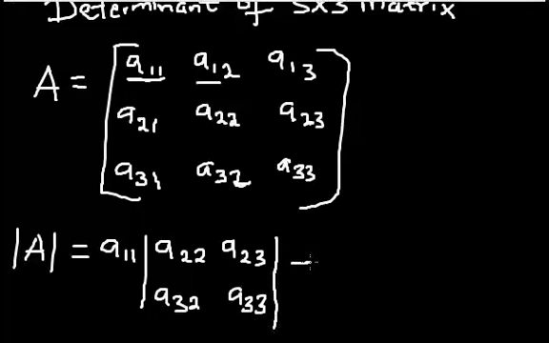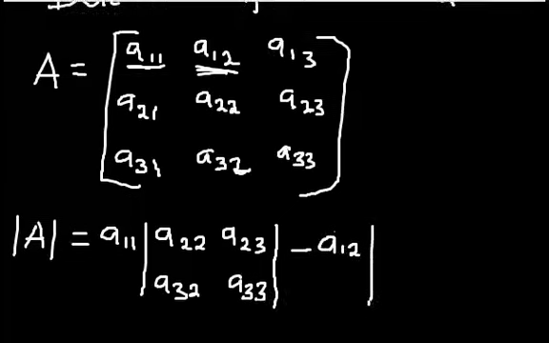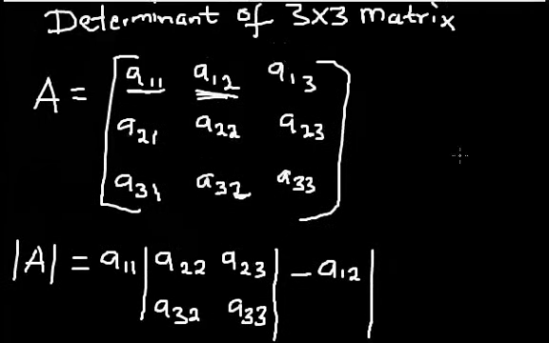Now remember, the next sign is always minus. When we do plus, the next is minus, just like when we are doing a 2 by 2 matrix: we multiply the major diagonal, then minus the minor diagonal. So, since the first is plus, the second is going to be minus. Now I have minus A12, multiplied by its corresponding 2 by 2 matrix.